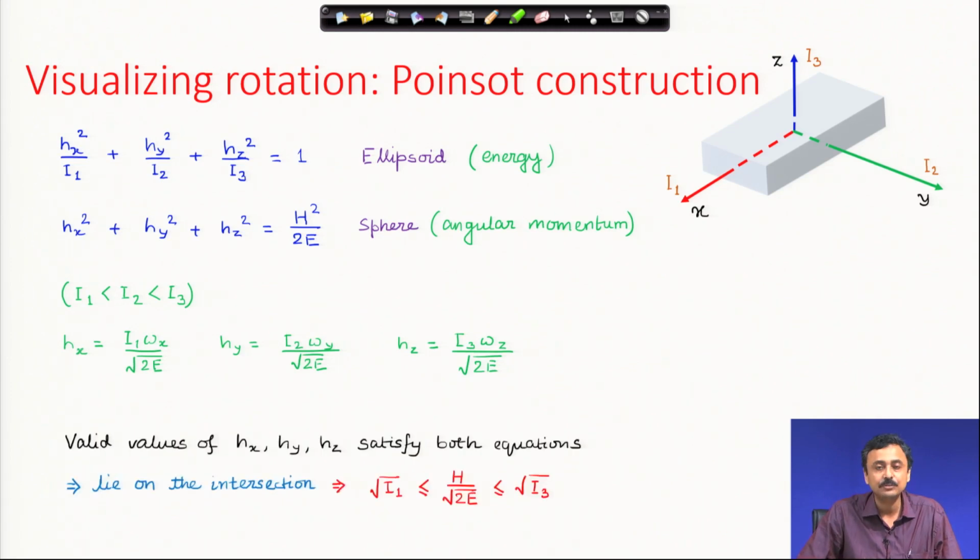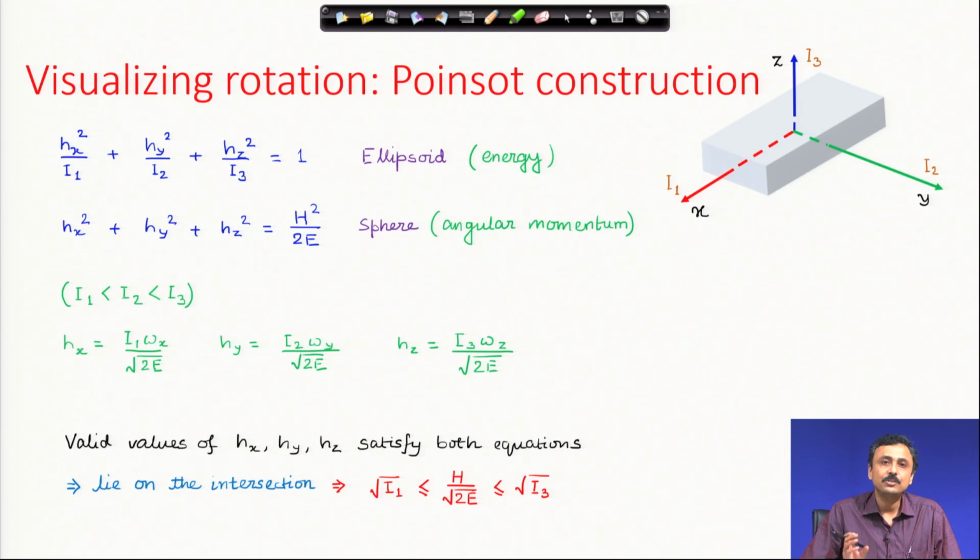So, valid values of the lowercase h x, h y, h z must satisfy both equations, and therefore they must lie on both these surfaces, in other words, at the intersection. And how can a sphere and an ellipsoid intersect? Under what conditions?